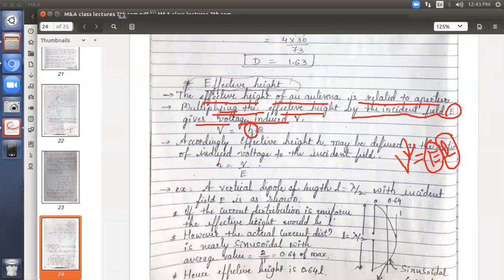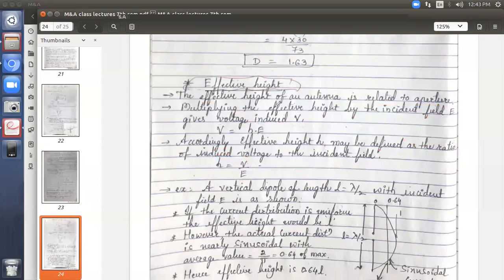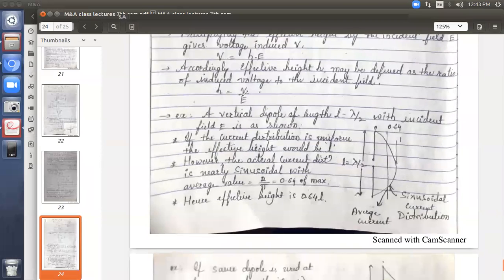So V equals H into E. Accordingly, effective height, how can we write? H will be equal to V divided by E. That is the ratio of induced voltage to the incident field. H equals V by E. Now, this is the general equation for effective height.